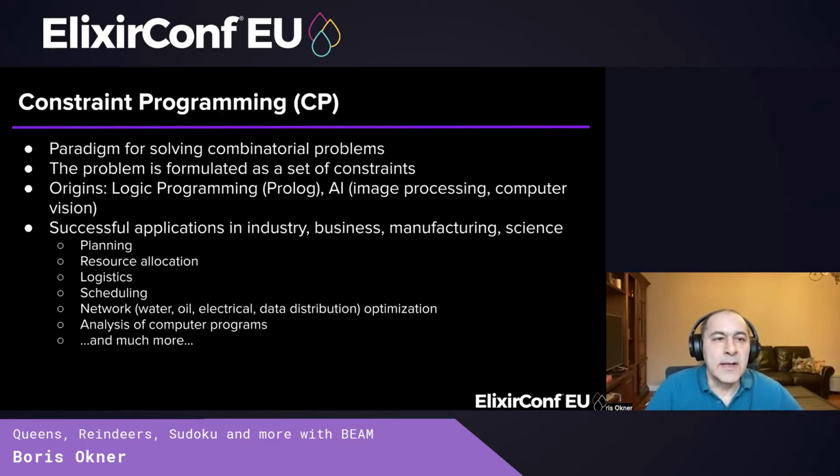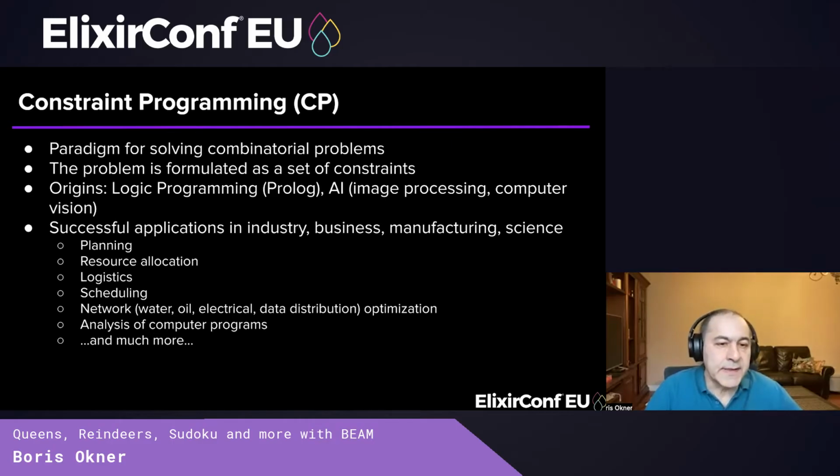Okay, so constraint programming is focused on solving combinatorial problems, and the method is to formulate the problem as a set of constraints. The origins of constraint programming are in Prolog. First constraint programming solvers were written in Prolog too, and there was a big influence from AI research on image processing and computer vision.